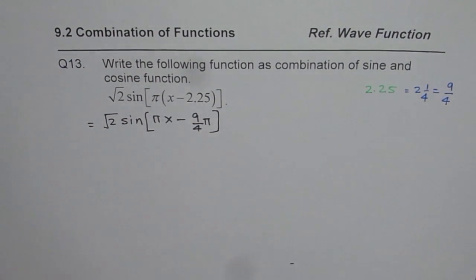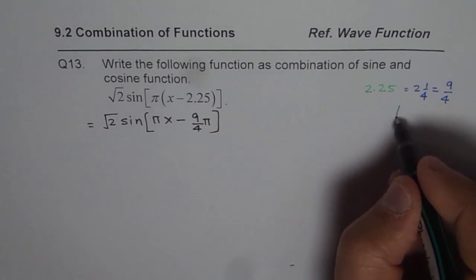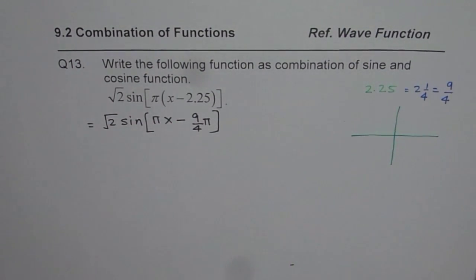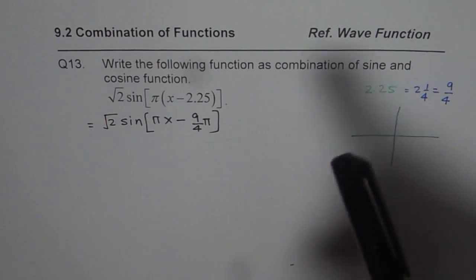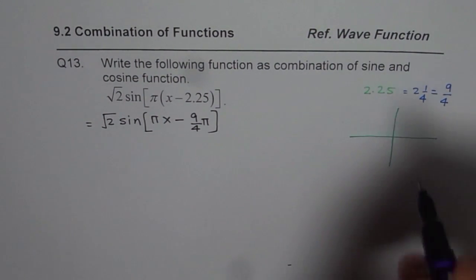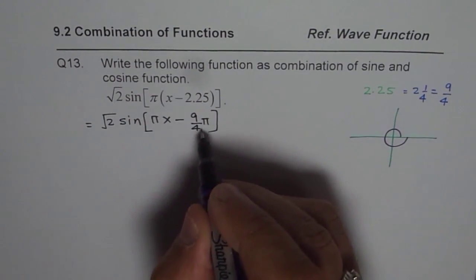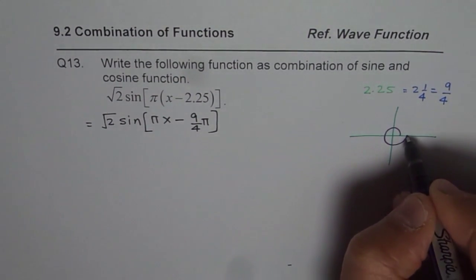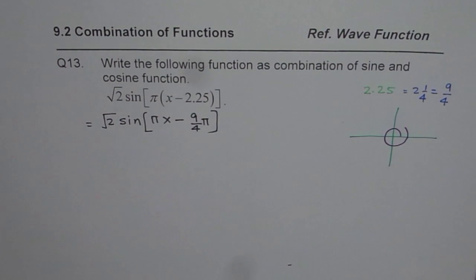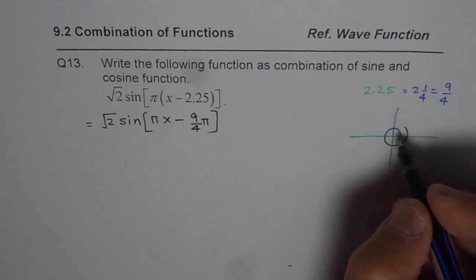Now what is 9/4 pi? Let's see that part now. In a coordinate plane, if I have 9/4 pi, it really means one full circle, which is 8 pi over 4, and then 1 pi over 4 more. So that is 9 pi over 4.